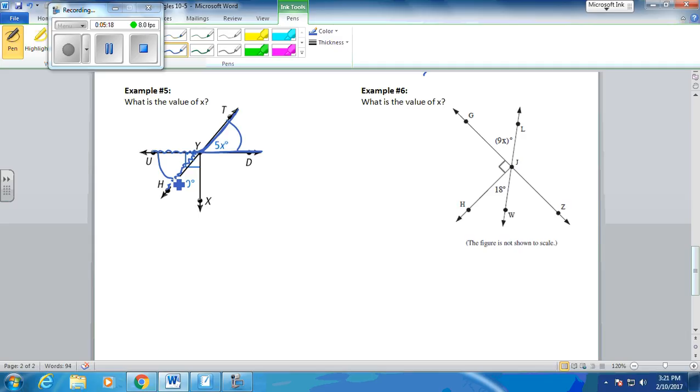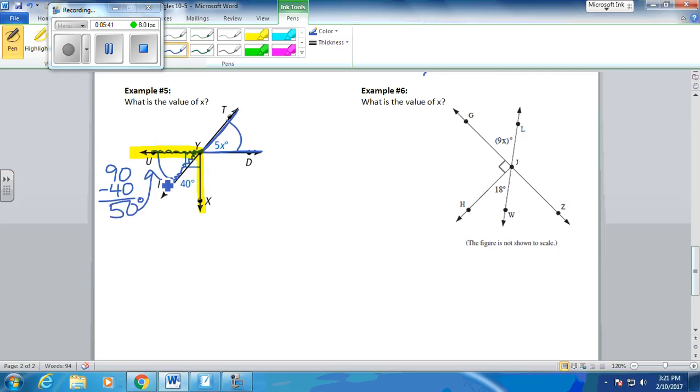If those two angles are vertical to each other, and I know, I'm going to put in yellow here, that this angle is 90 degrees, and I already know that angle XYH is 40, that would then tell me that UYH is going to be 90 minus 40 to get me 50 degrees.